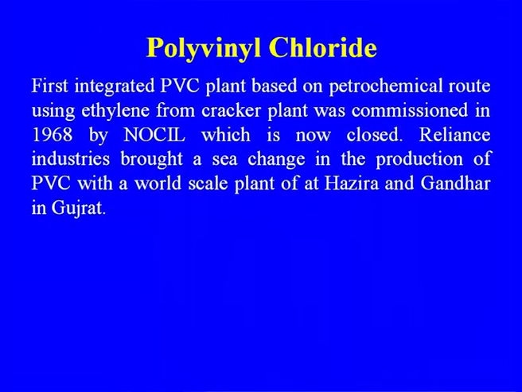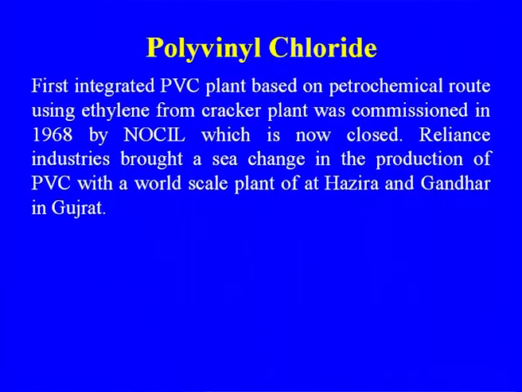The first integrated PVC plant based on the petrochemical route, using ethylene from a cracker plant, was commissioned in 1968 by Nocil, which is now closed. It has been taken over by Reliance, and the corporate office of Reliance is at this place.